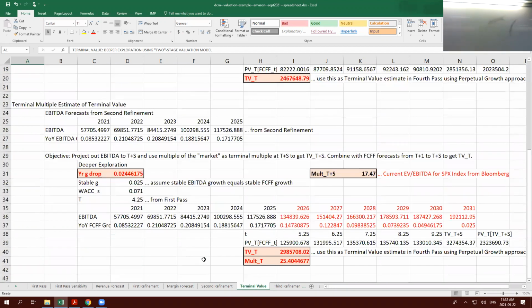Now I do something very similar with my terminal value from a terminal multiple. Right, so what am I going to do? I'm going to first get a terminal multiple at time t plus s.